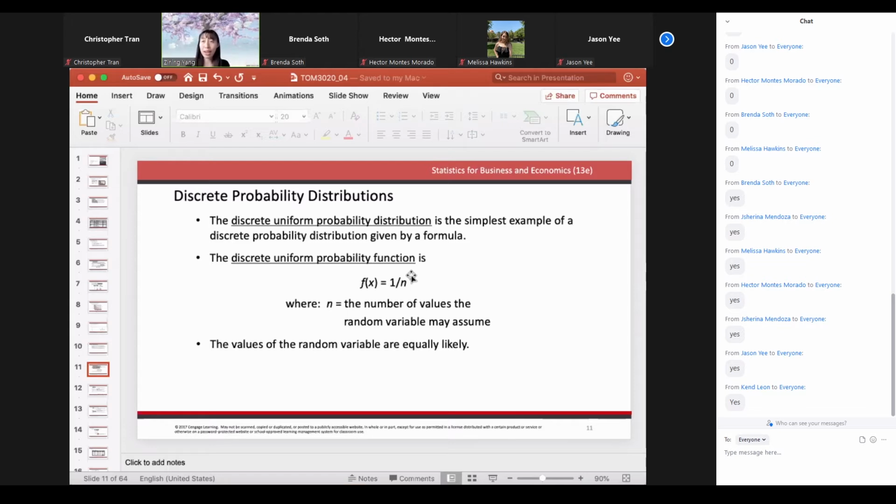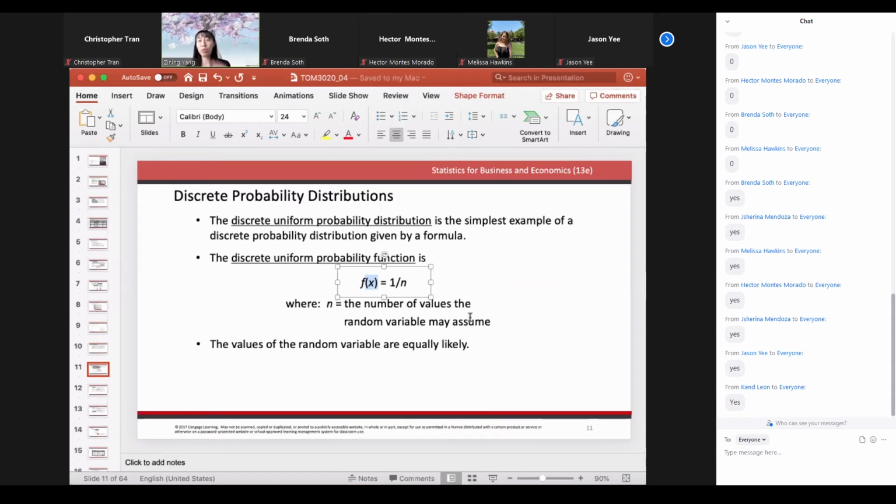So there are only two values x can take, and there's equal chance for the two values to happen. So the probability of each of those is 1 divided by 2, because there are only two possible values, x equals 1 or x equals 0. That's how we calculate uniform probability. It's just 1 divided by the number of outcomes.